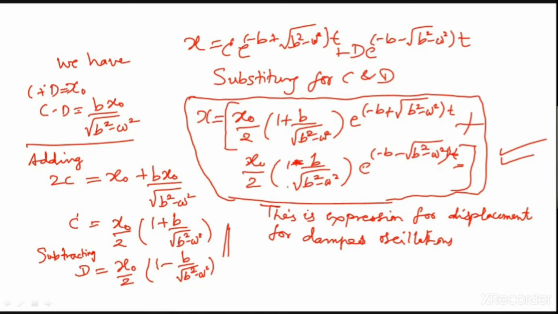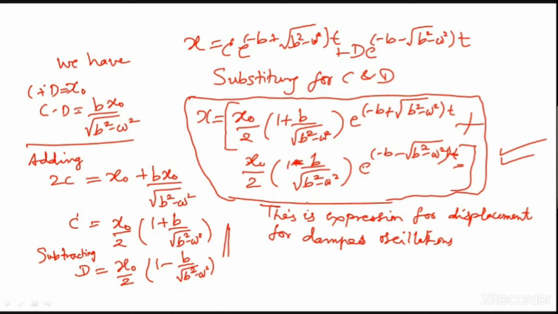The variation of x depends on the root of b square minus omega square as t varies.